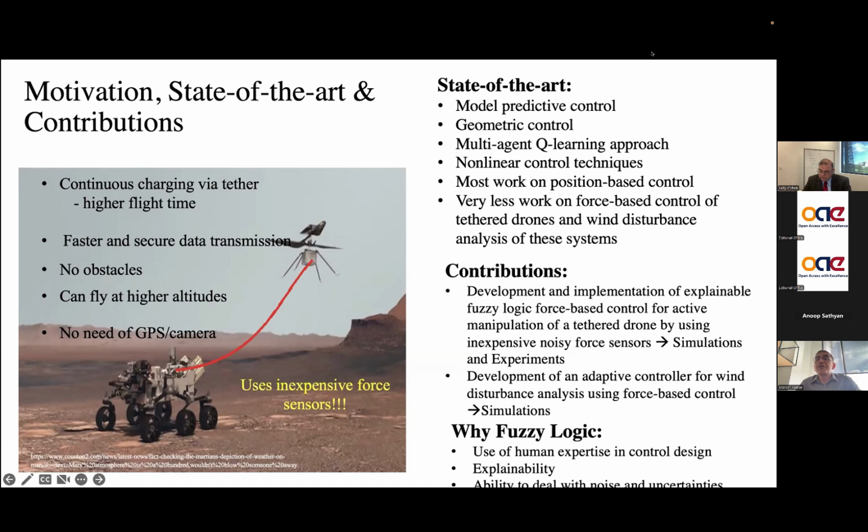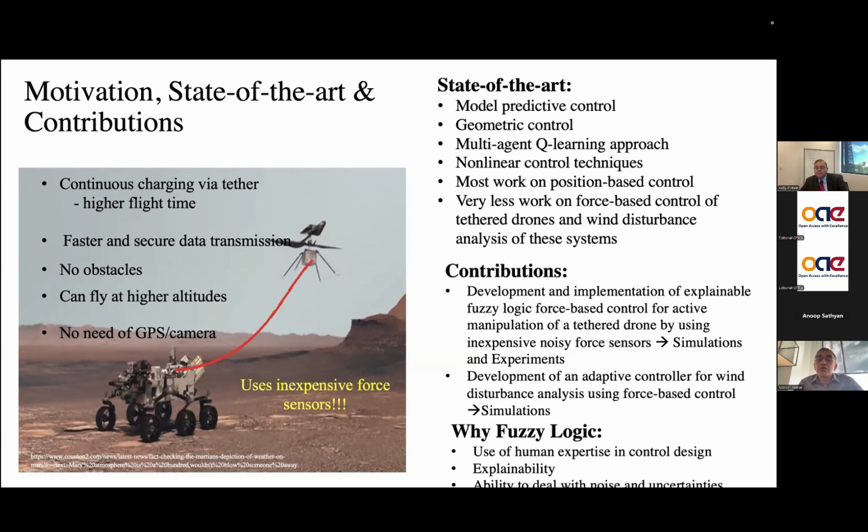Over here in our paper, we developed this controller that provides this compliant mechanism for following the rover using the force cues. We developed a fuzzy logic scheme for doing that.